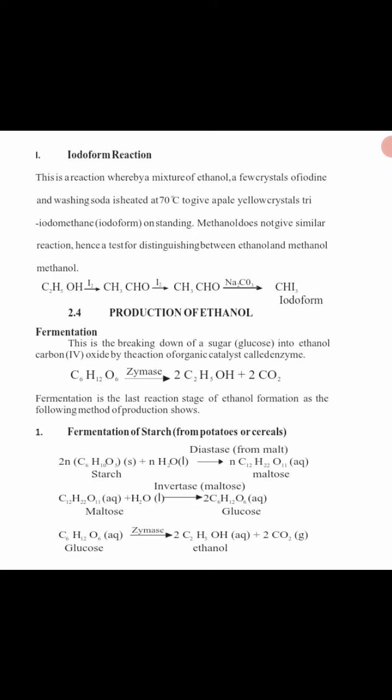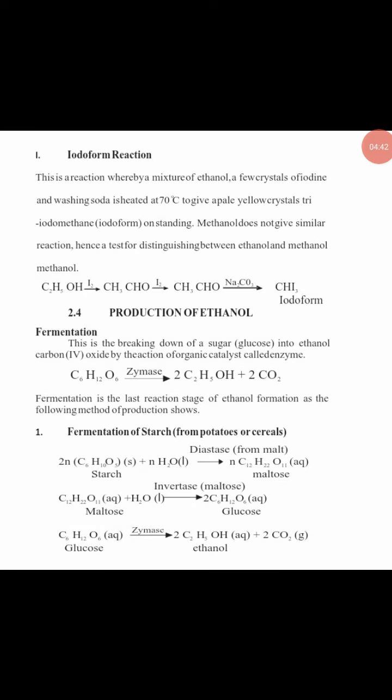Our reactant is ethanol, C2H5OH, and our product is CHI3, iodoform. So that CHI3 is a pale yellow crystal. That is what we have under the iodoform reaction.